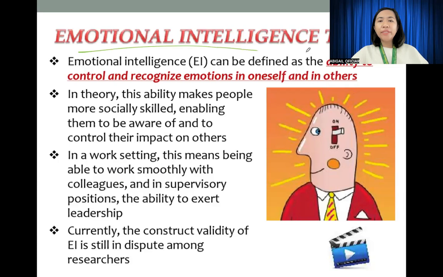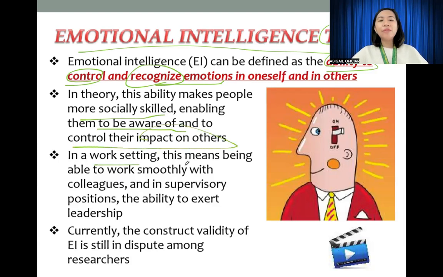Another measure is emotional intelligence test. We can also administer an emotional intelligence test to check if the applicant can control yung kanyang emotion and can recognize his or her emotion. Okay? So in theory, this ability makes people more socially skilled, enabling them to be aware of and to control their impact on others.